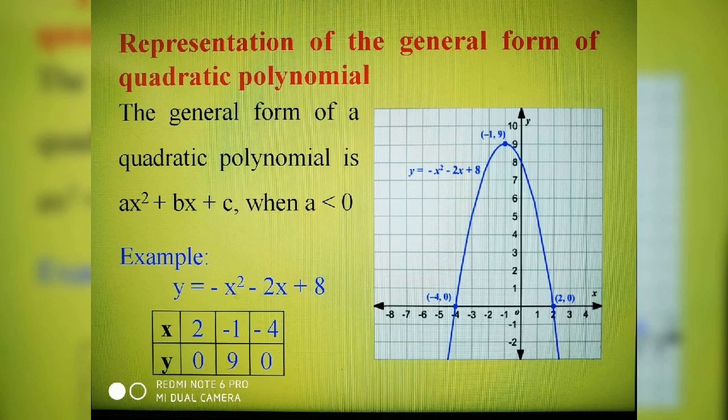In case a is less than 0, I am taking the example y is equal to minus x square minus 2x plus 8. The graph, or the parabola, opens downwards. Some values of y corresponding to some values of x are listed in the table, so the graph is like this.